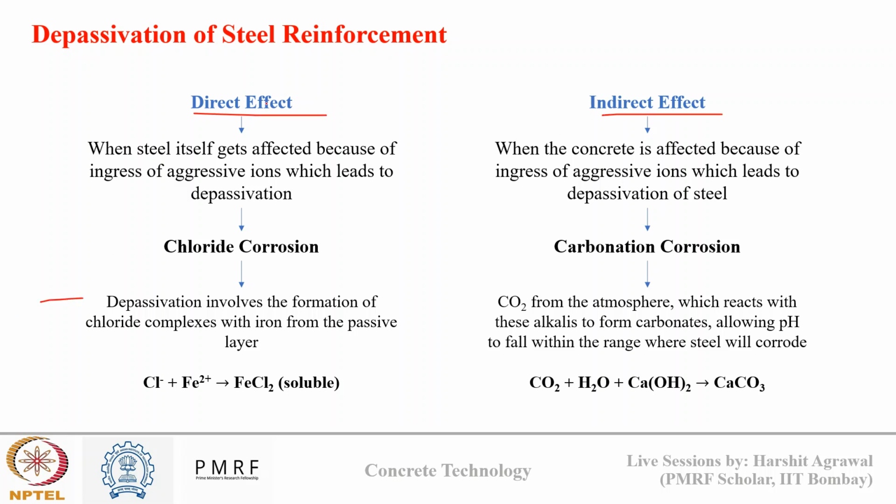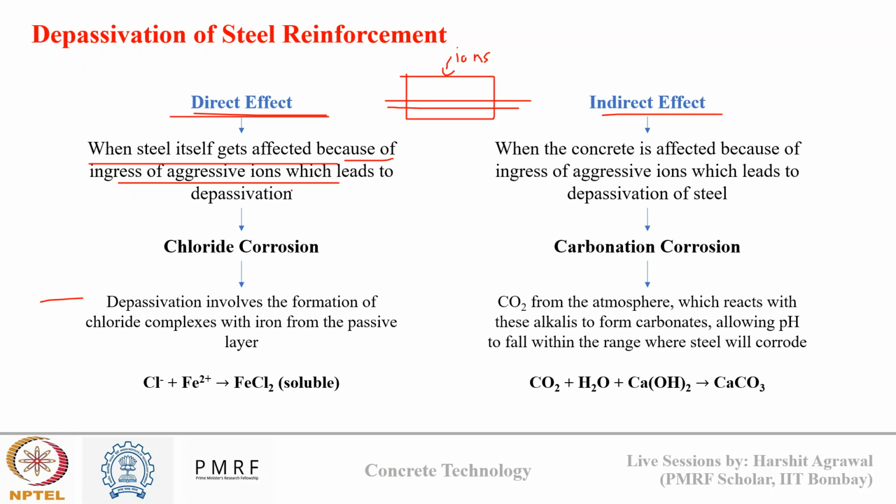Direct effect means the steel itself gets affected because of ingress of aggressive ions. Suppose this is my concrete and this is my steel reinforcement, and these are ions coming from the surrounding environment. If these ions directly affect the steel reinforcement after ingressing through concrete, then we say it is a direct effect of ion.